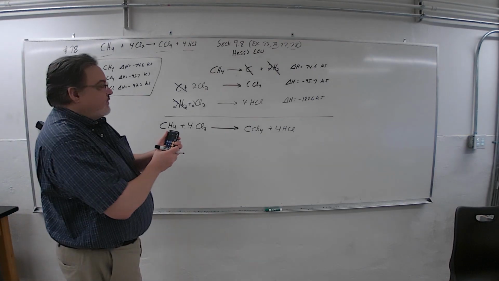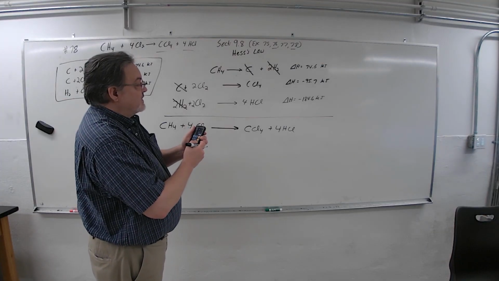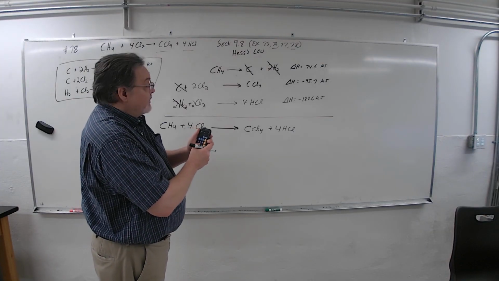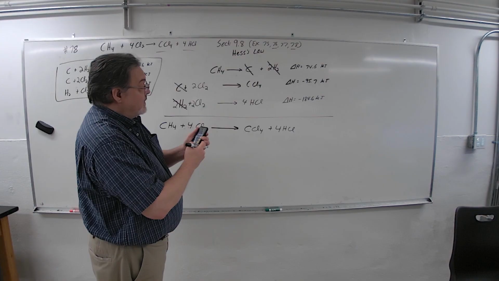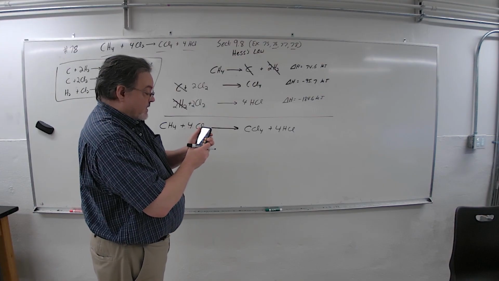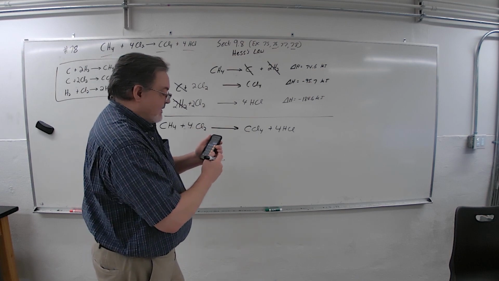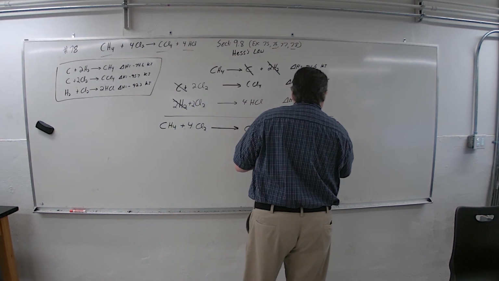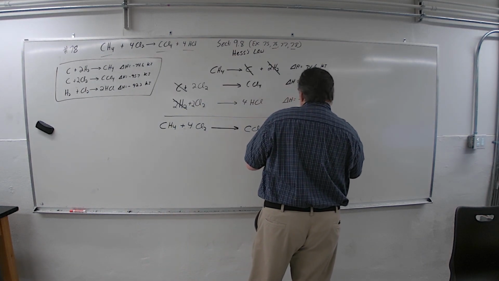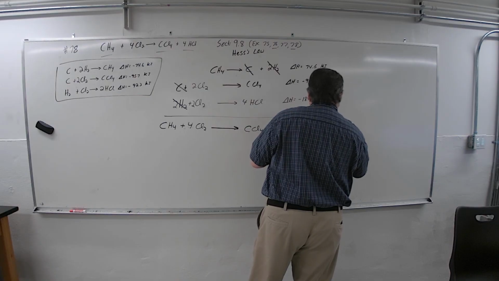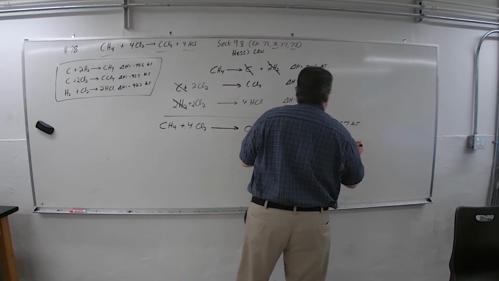So what I get here is delta H equals negative 205.7 kilojoules.